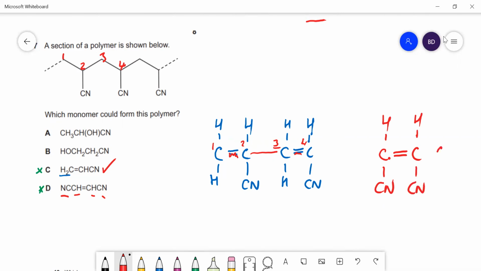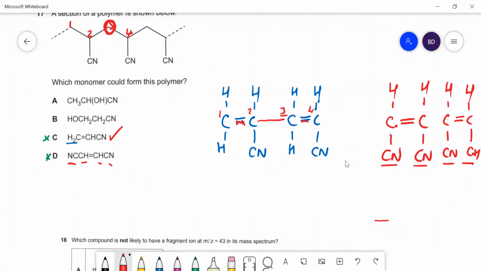Okay, so when that formed a polymer, it's not going to look like the one we've got up there, because you're not going to get this CH2 carbon every other one, are you? You're not going to get that CH2. Every single carbon is going to have a cyanide and one hydrogen. That's not what we get. So C is the answer there. And I would always draw those out, rather than try doing it in your head. You may think you're saving time, but you're much more likely to get the correct answer if you draw it out.